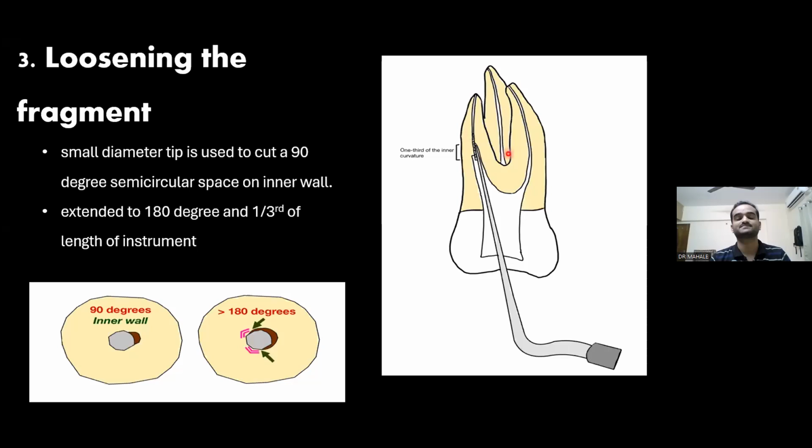If the file does not loosen, you can trough a little more, until the file gets loosened. If it is a straight canal, you should trough these 90-degree and 180-degree semicircular troughings in the thickest wall that is seen in the CBCT.